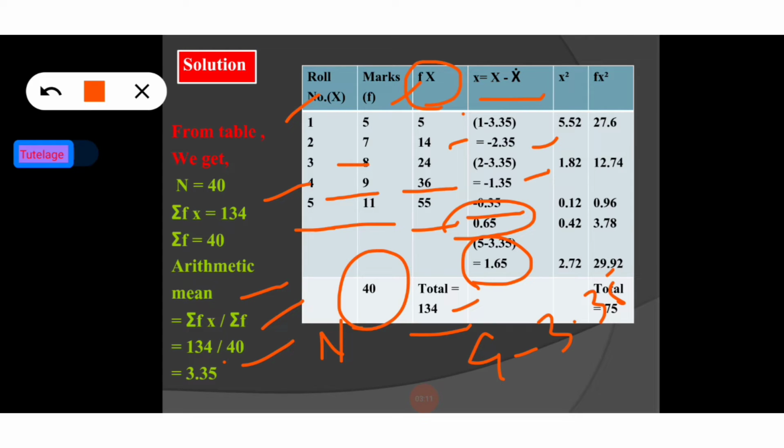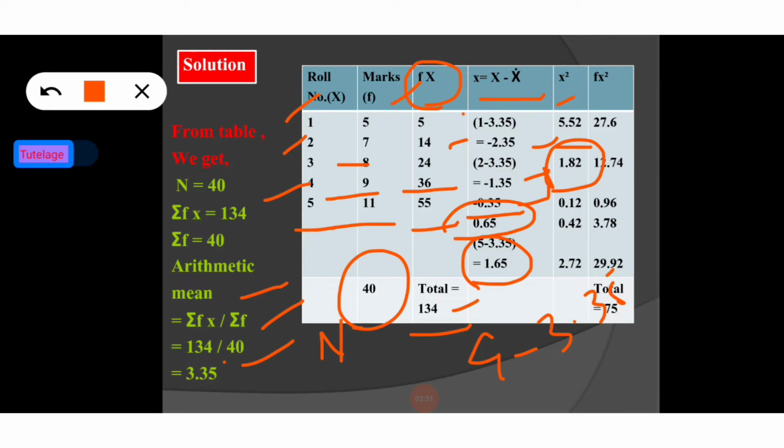And now going to the next column, where we can see the value of x square, the square of the deviation. Minus 2.35 is the x value, so x square means minus 2.35 whole square, that is 5.52 for the first observation. The second one, minus 1.35 into minus 1.35, is 1.82.